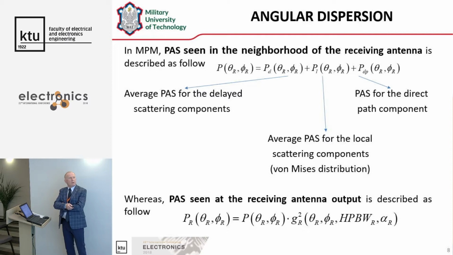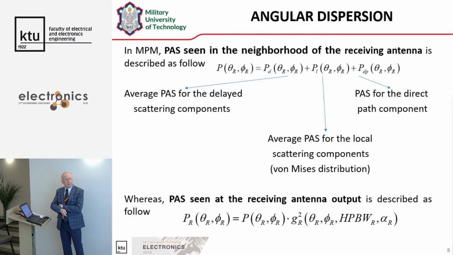The first component is the average value of power angular spread for the delayed scattering components, which are related to each of the n half ellipsoids. The second is the average power angular spread for the local scattering components. And the last one is the power angular spread for the direct path component. In our simulation, this component equals 0 because we have set the kappa parameter equal to 0. This is in the neighborhood of the receiving antenna.